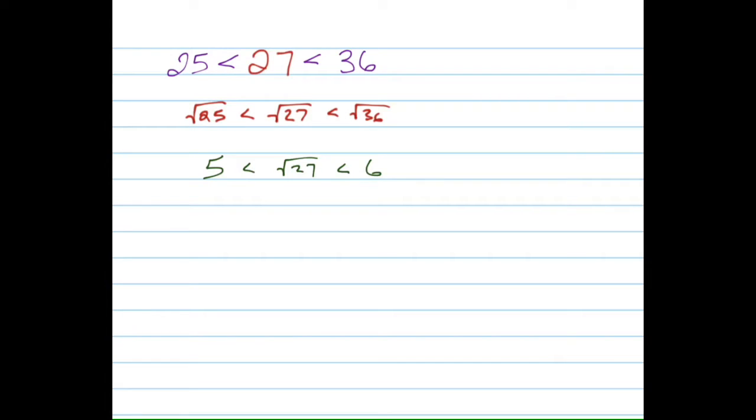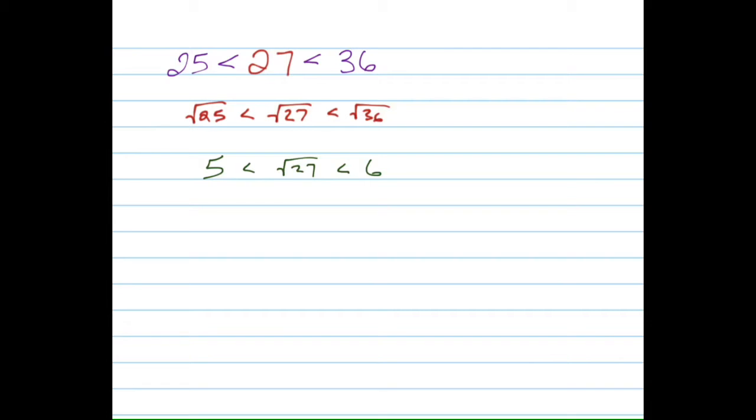Why 5? 25 is obviously closer. 25 is closer to 27 than 36 is. So since 27 is closer to 25, the square root of 27 is closer to the square root of 25. That makes sense? Okay? So the square root of 27 is close to 5.